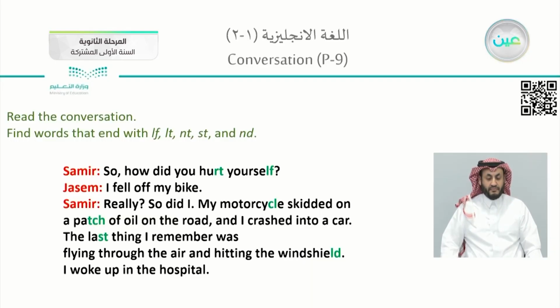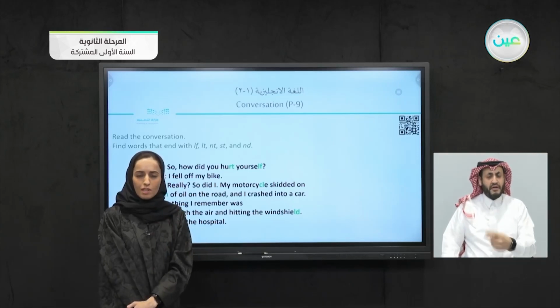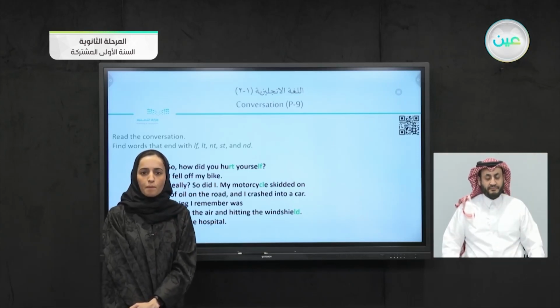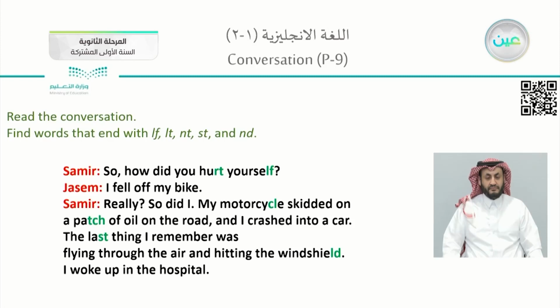Okay? Now let's refer to your books on page 9. Now read the conversation and find the words that end with a consonant cluster. Let's read the first 2 speeches, the first 2 or 3. Here we're having hurt, yourself, also cycle, motorcycle, patch, last, and we're having windshield.